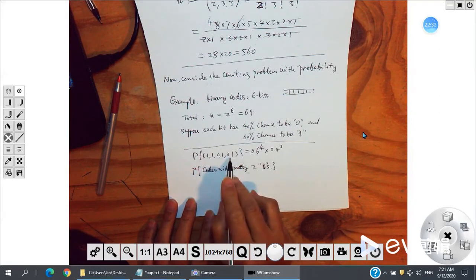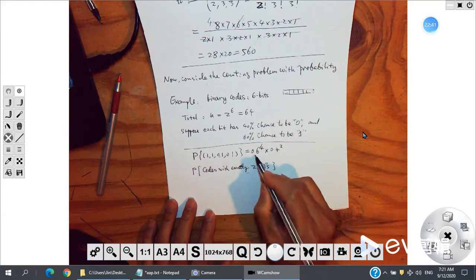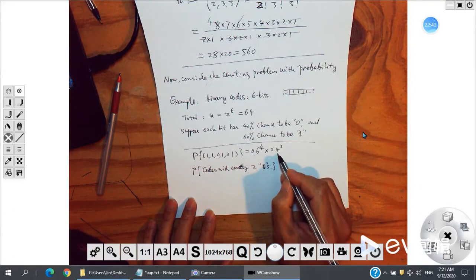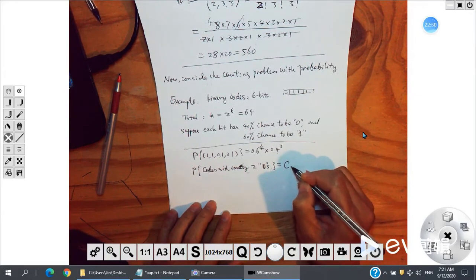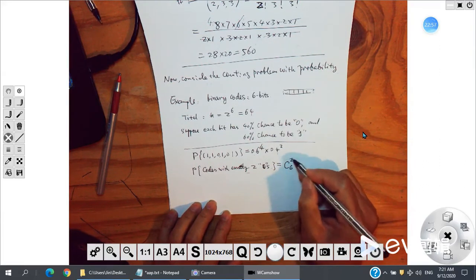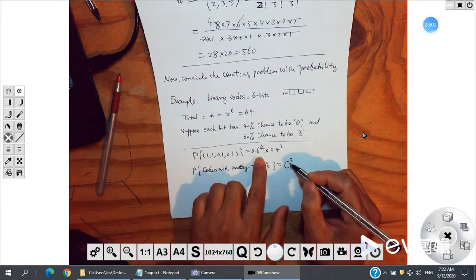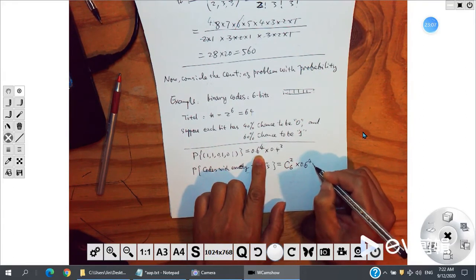Each code, the location of the zeros might be different, but the probability is still this one. But we have more than one code. How many codes do we have? We have 6 locations, we choose 2 for zeros. So we have this amount of codes in this set, and each code has this as a probability.